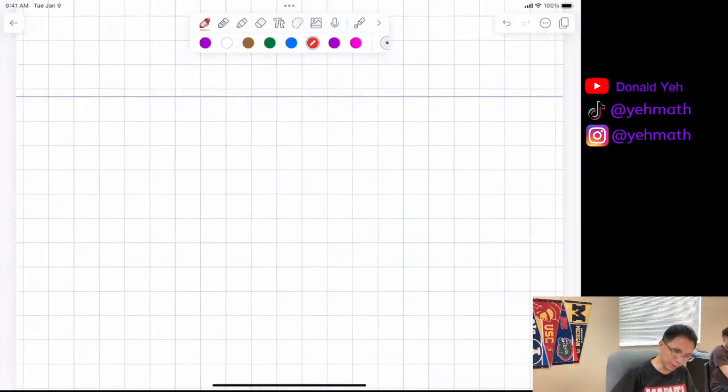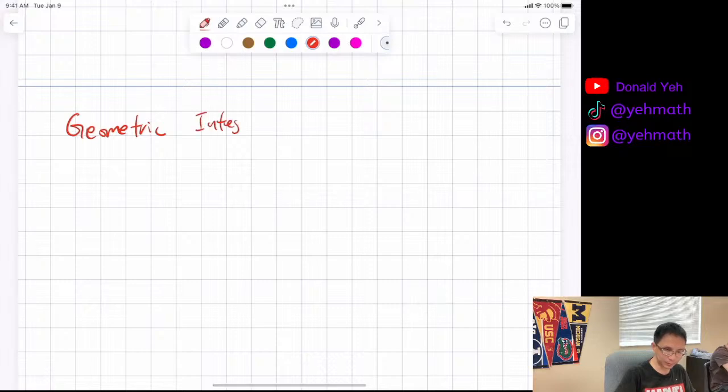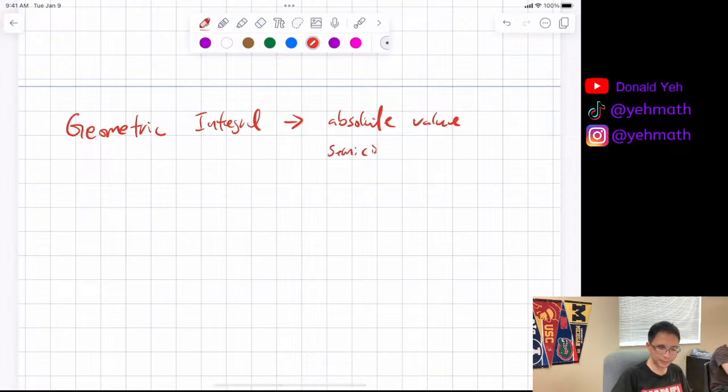So first of all, let's understand geometric understanding. When do I use geometric integral? When you have, let's say, absolute value, I would definitely use geometric integral. Semicircles, that's a moment I use geometric.